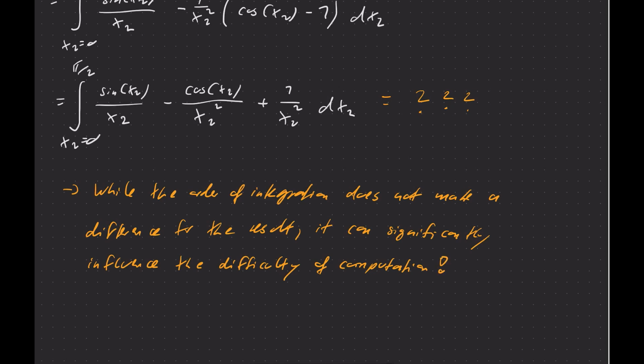So if you find you're stuck with an integral that you can't solve, then maybe you go back a step and try a different order of integration, and that might actually help. So that's the message that you should take from this particular example here.